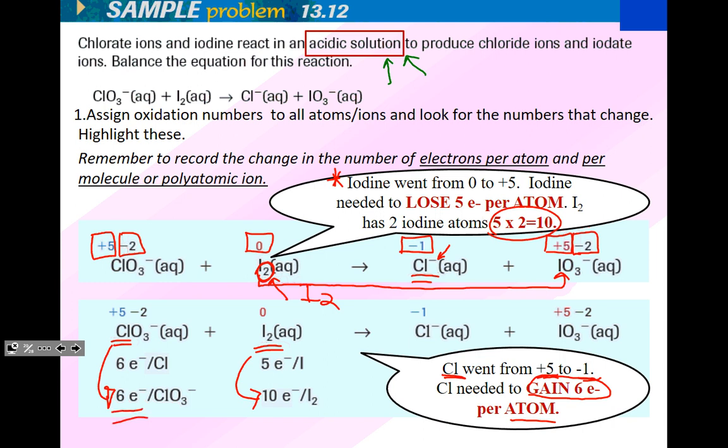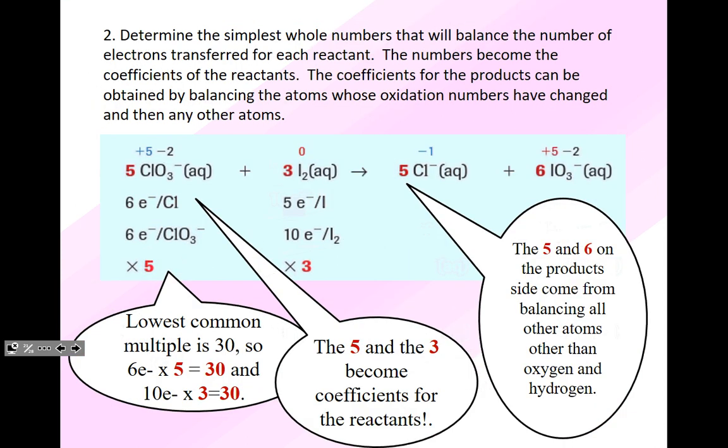These do not match, so we have to find the lowest common multiple. So determine the simplest whole numbers that will balance the number of electrons transferred for each reactant. The numbers become the coefficients of the reactants. The coefficients for the products can be obtained by a balance in the atoms whose oxidation numbers have changed, and then any other atoms.